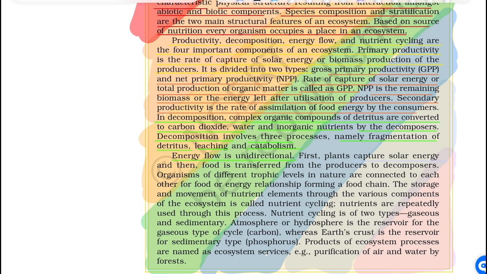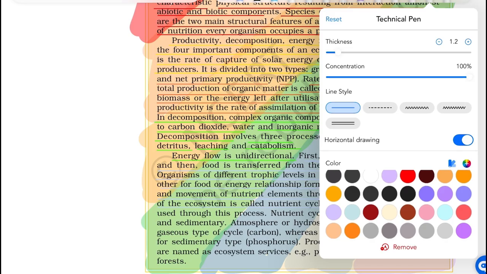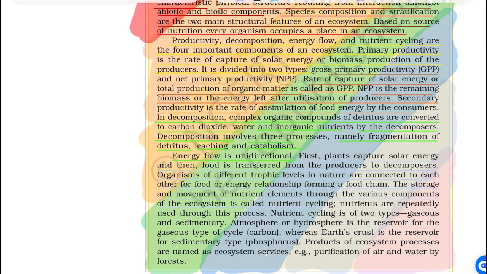First, plants capture solar energy, and then food is transferred from the producers to the decomposers. Organisms of different trophic levels in nature are connected to each other for food or energy relationship, forming a food chain.